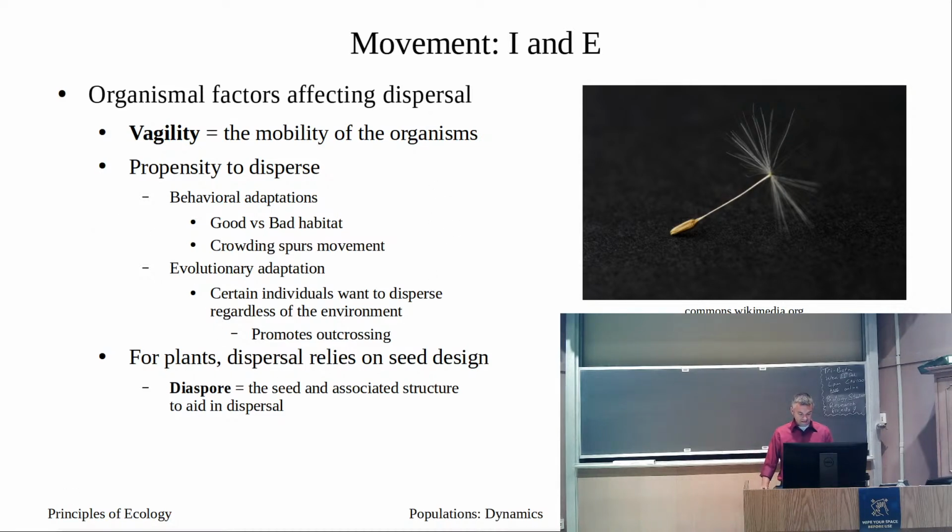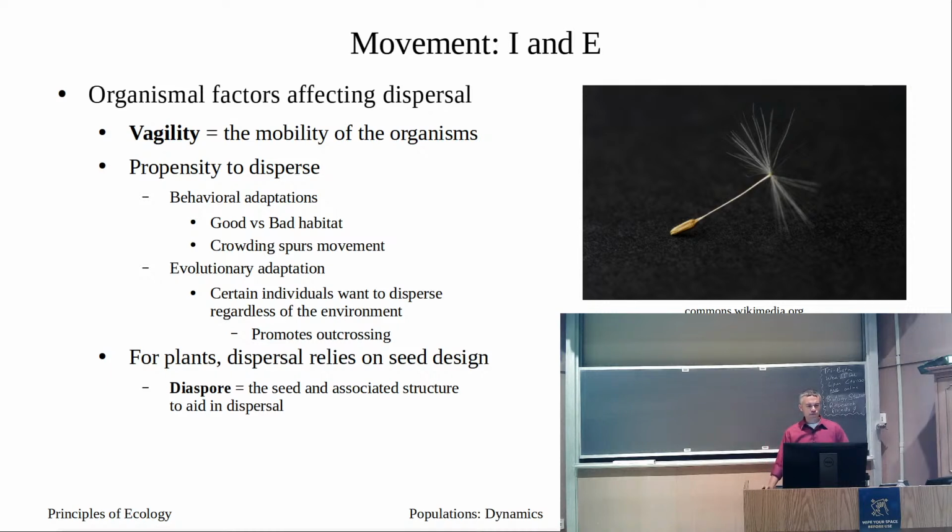Organisms that are more highly vagile, that are more mobile, are able to disperse more. They're more likely to disperse compared to those organisms that are basically stationary. All right, so vagility, hopefully, just kind of makes sense. If you can move, you can disperse.